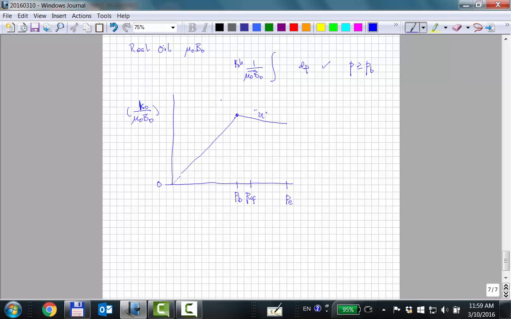It could be nonlinear, but approximately it'll look like that.